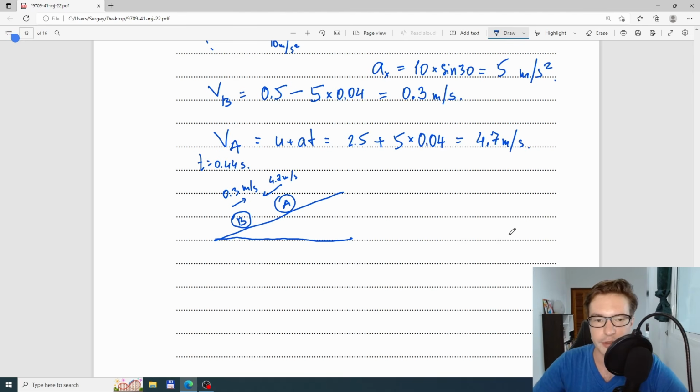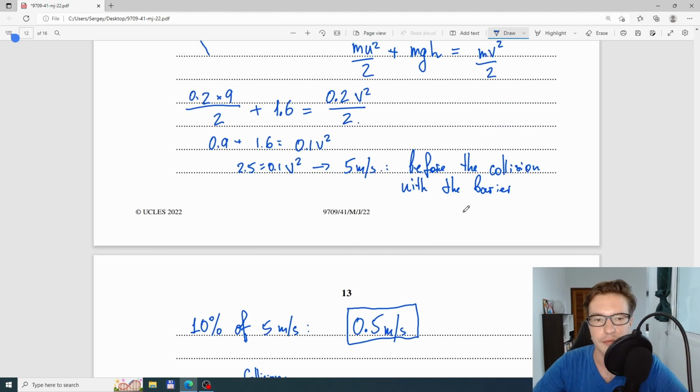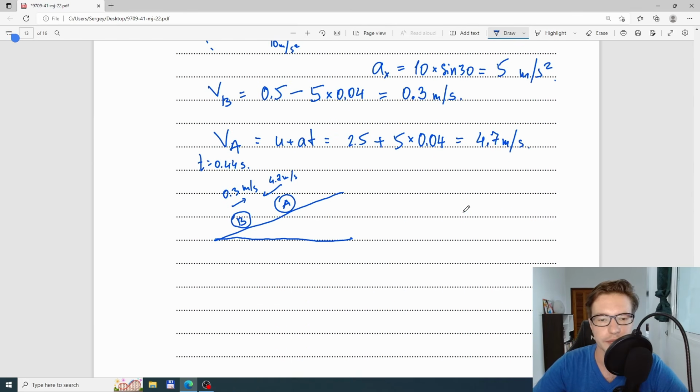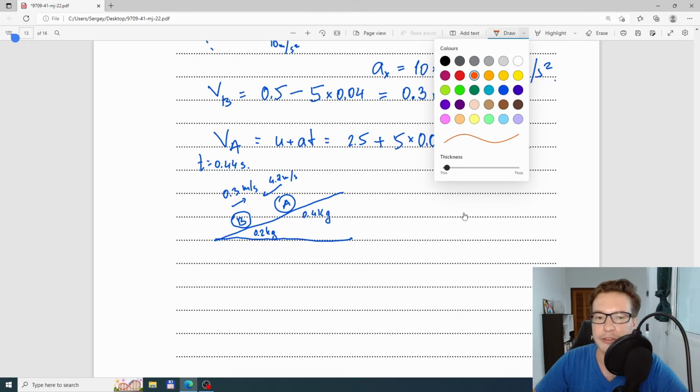The mass of B, I forgot what it is. B is 0.2, A is 0.4. And let's choose x-axis to point upwards.